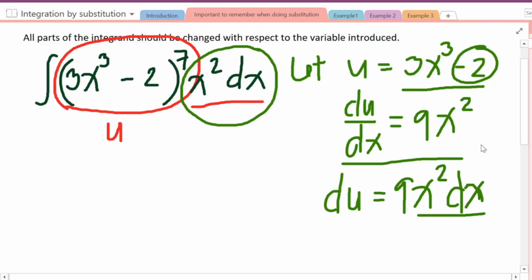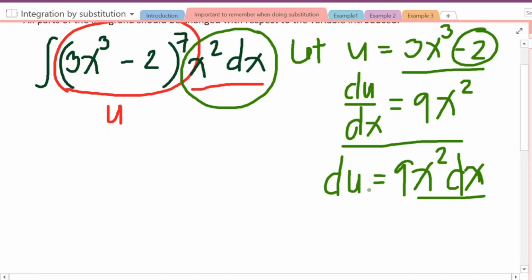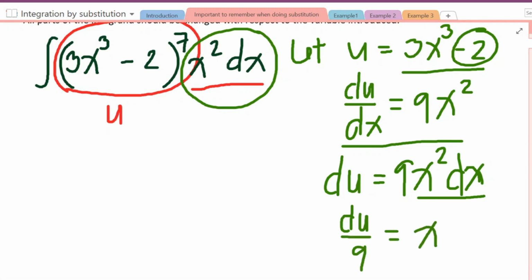If we are going to isolate x squared dx from this derivative, then we would write du over 9 equal to x squared dx. And there you have it, your substitute for x squared dx. We now proceed with our substitution process.